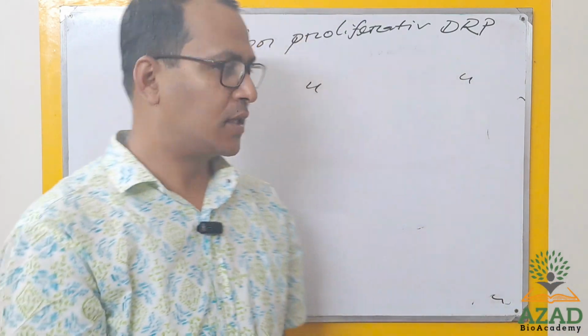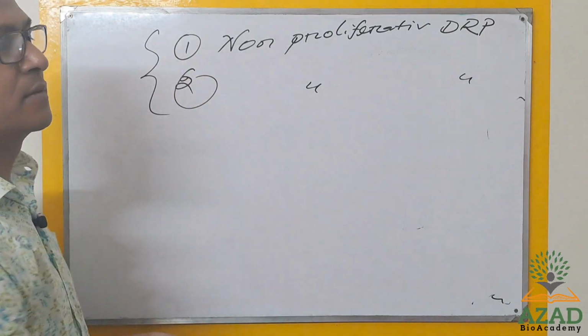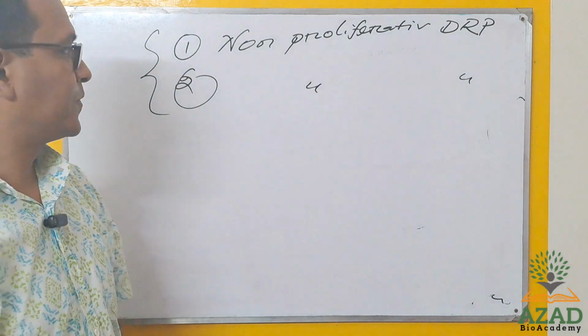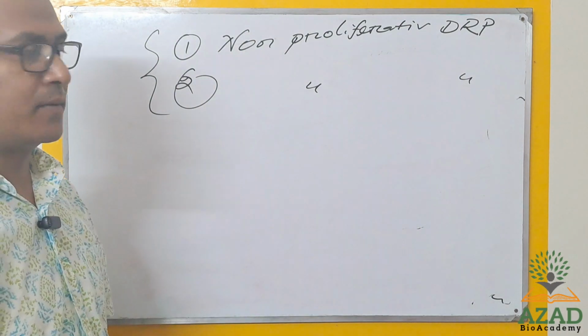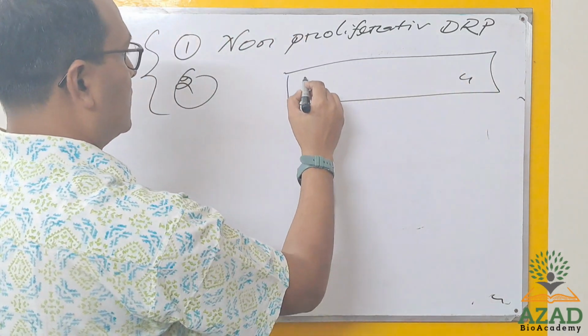So all of these things can happen in both cases. But what is the main difference? The main difference is for proliferative retinopathy.